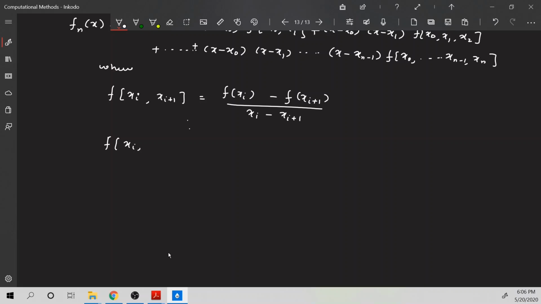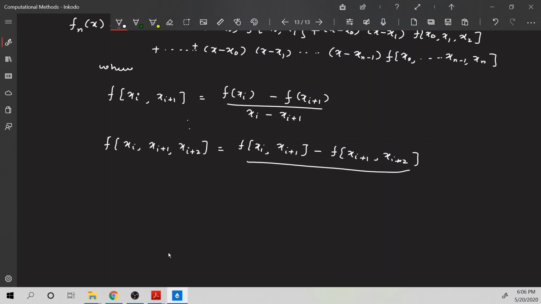This is going to be the divided difference of divided differences, basically.